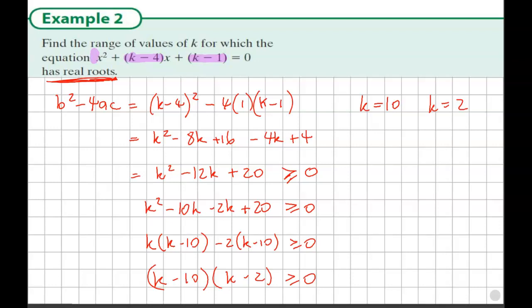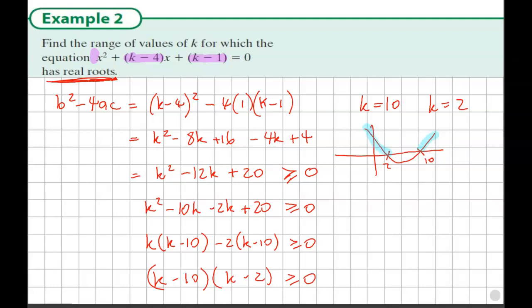Again, my natural reaction would be to imagine this graph. Basically what we're saying here is it's crossing at 2 and 10. It's a positive quadratic, so it's a U shape, and we want it to be greater than or equal to 0. So greater than or equal to would be in this region here and here.